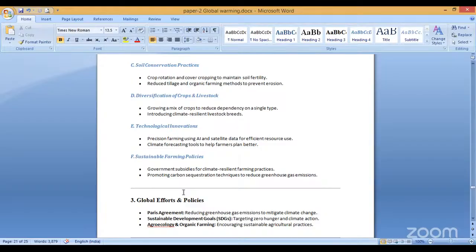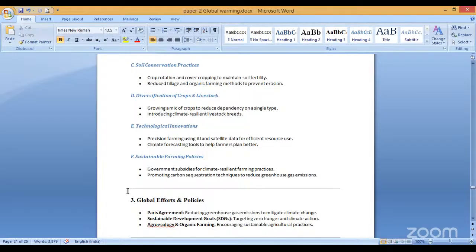Diversification of crops and livestock: growing a mix of crops to reduce dependency on a single type, introducing climate resilient livestock breeds. Technological innovations means precision farming using AI and satellite data for effective resource use, and climate forecasting tools to help farmers with better planning of crops.